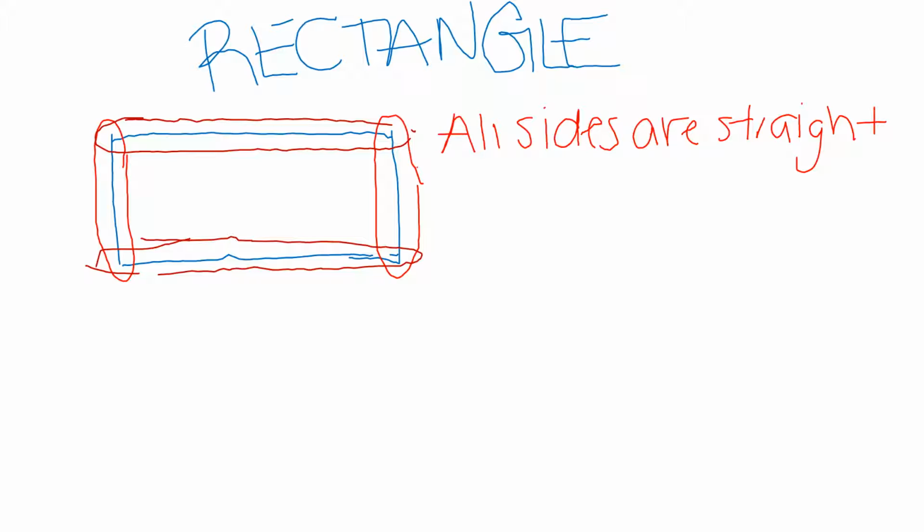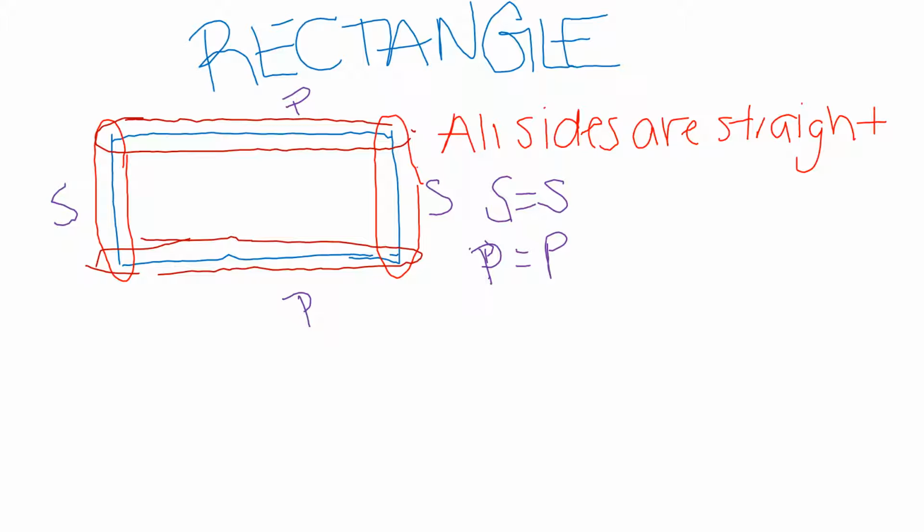Let's say that side S and that side S, and this side is P and this side's P. Side S and side S are the same size, so our little sides are equal to each other. And same with our big sides. They're also equal to each other. That is a property of rectangles. The two little ones are equal to each other and the two big ones are equal to each other.